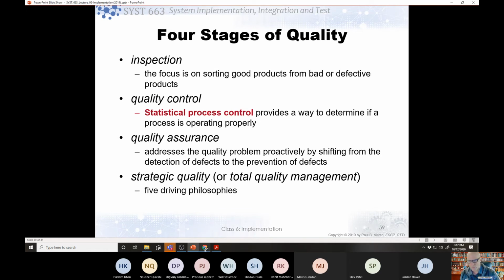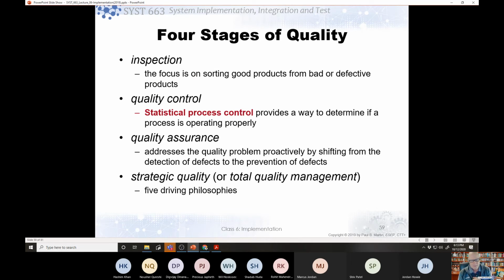Now, you can look at quality in 4 stages. One is inspection. You're just looking at it once they're done. Not quite a good idea. Quality control gives you a statistical way to improve your processes.